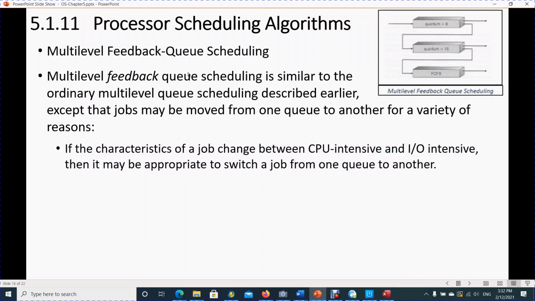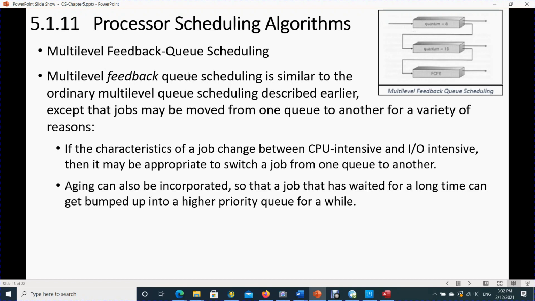The characteristics of a job can change from CPU intensive to I/O intensive during the course of the execution, and so it might be appropriate to switch a job from a CPU intensive queue to an I/O intensive queue. Aging can be incorporated, moving a job that's waited for a long time from a lower priority queue to a higher priority queue.